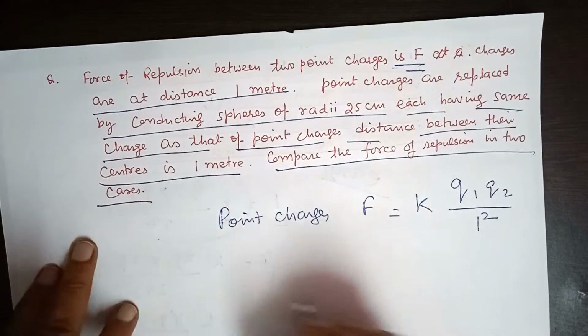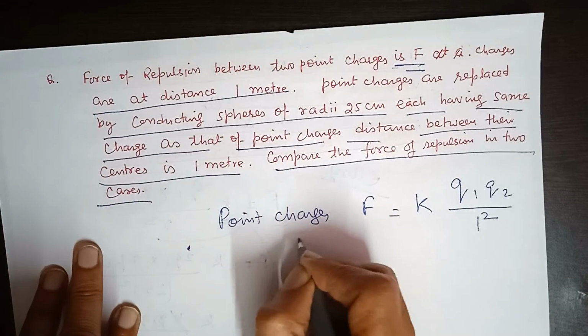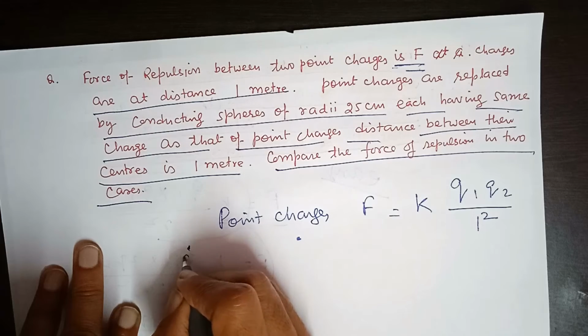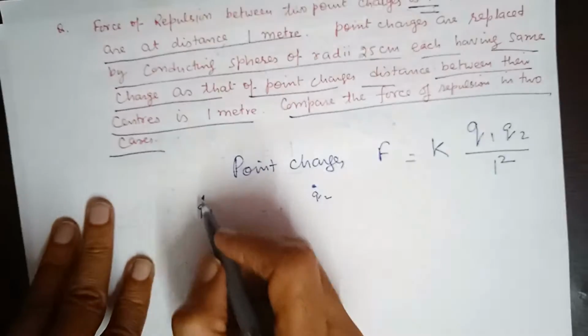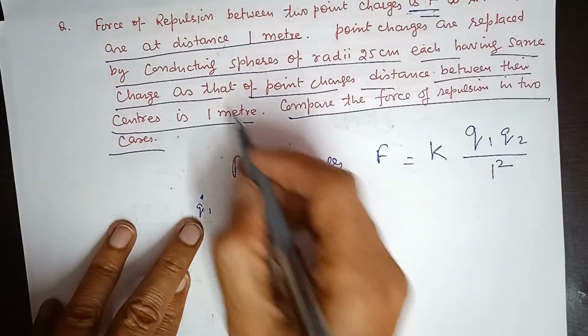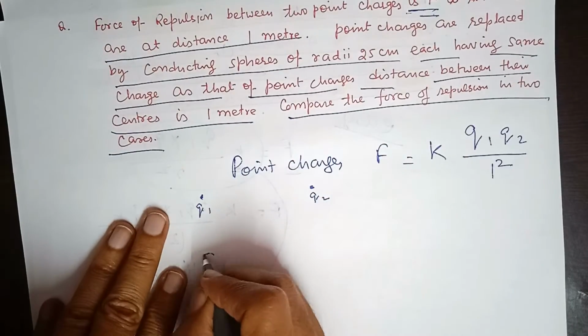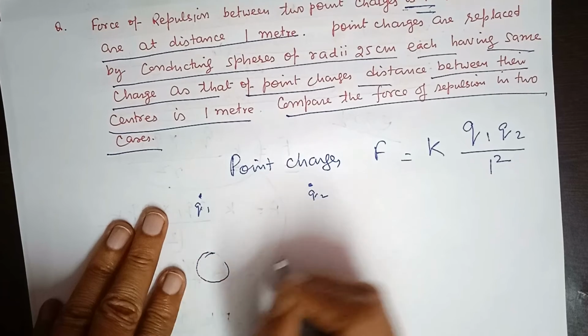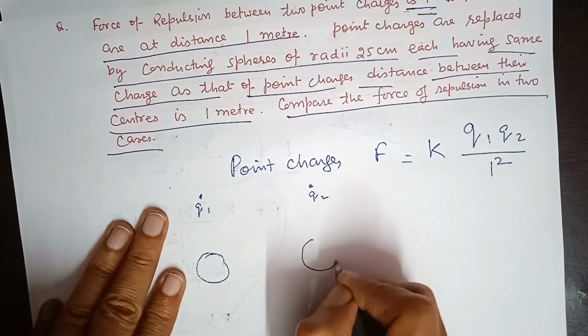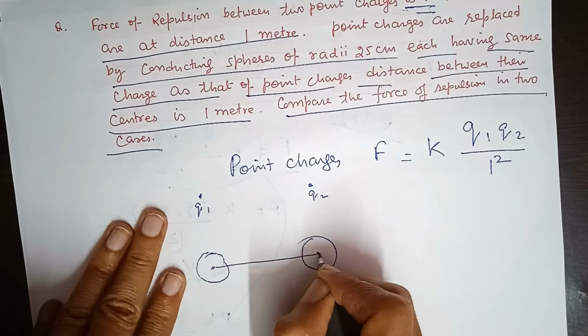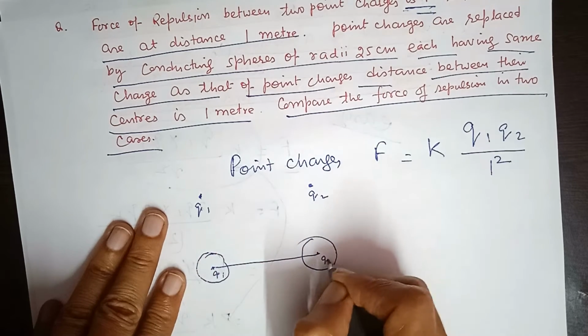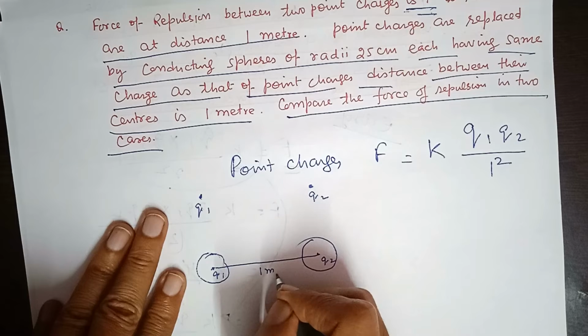Now these are 2 point charges Q1 and Q2. Now he says that instead of these point charges, conducting spheres of radii 25 cm each, and the distance between the centers Q1 and Q2 is 1 meter apart.